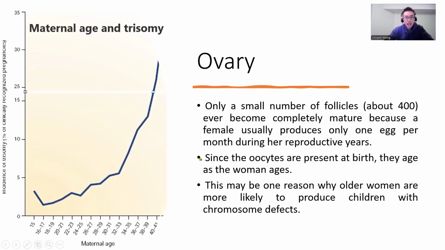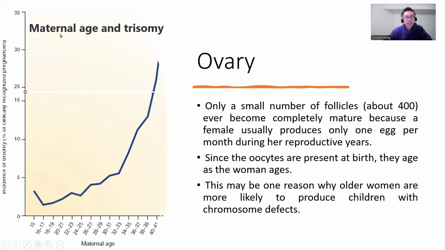Because the woman is born with all the eggs that she is going to have, the quality of the DNA in those eggs might deteriorate over time. We learned about non-disjunction last semester, where DNA fails to separate in meiosis, and that could lead to additional chromosomes in the egg, and the risk of that happening actually increases as the age of the woman increases as well.